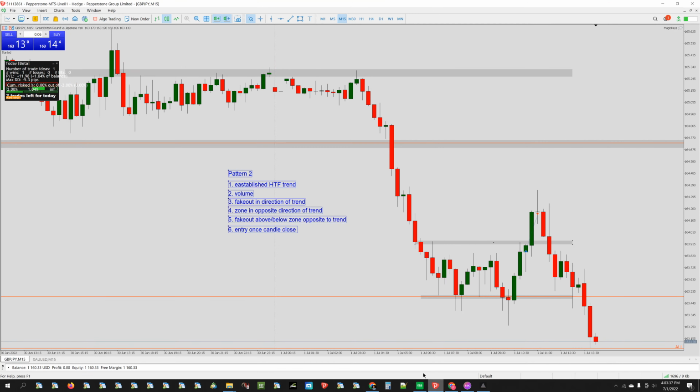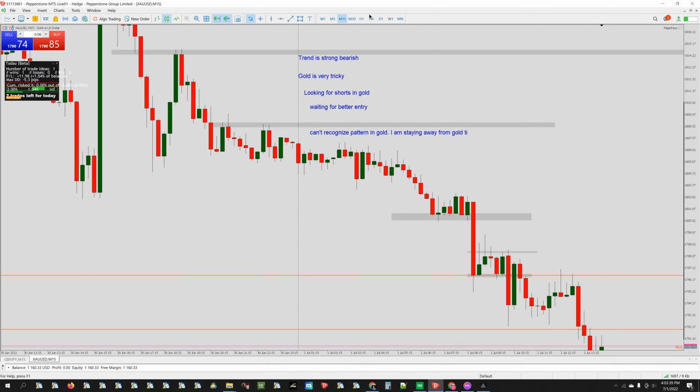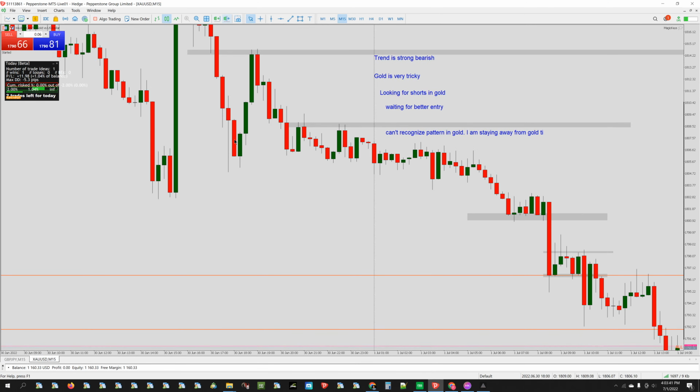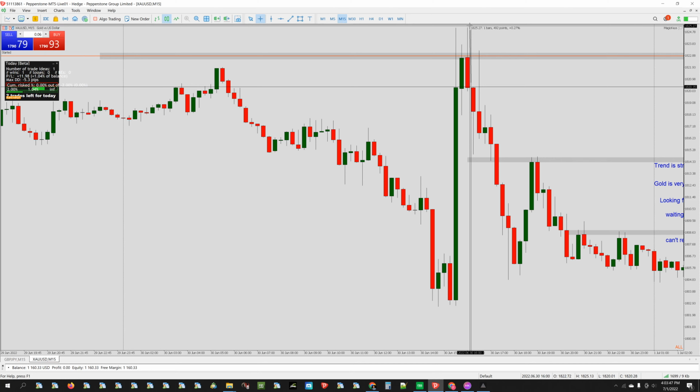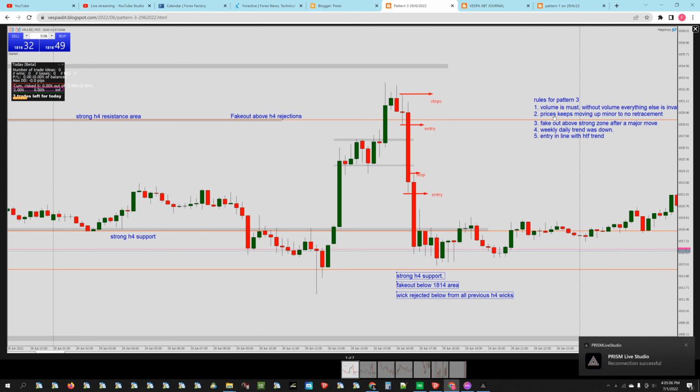If we look at gold, this was our entry right here as per pattern 3, and this was our potential TP. You see we have 1:3 risk reward entry.